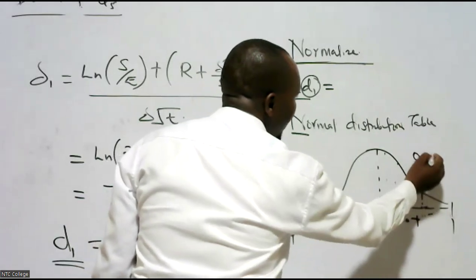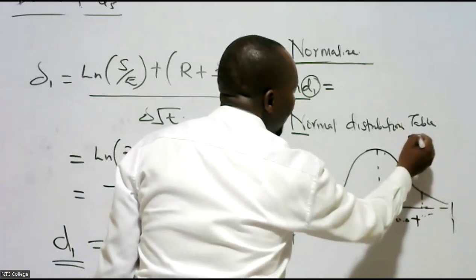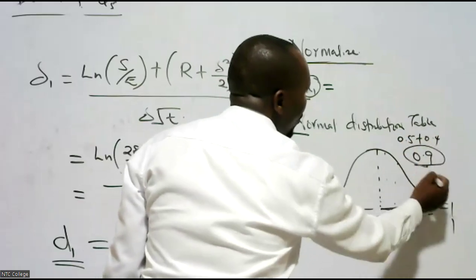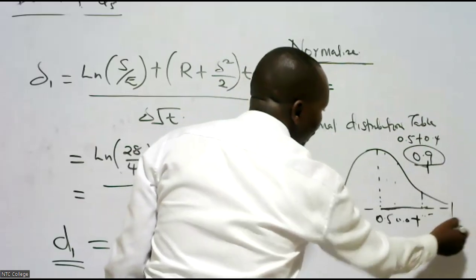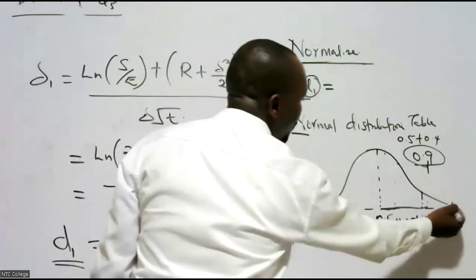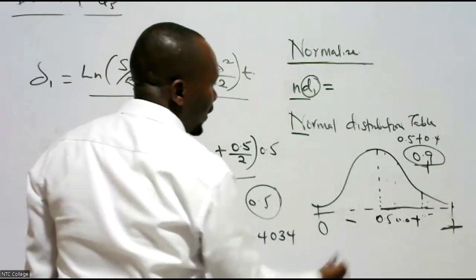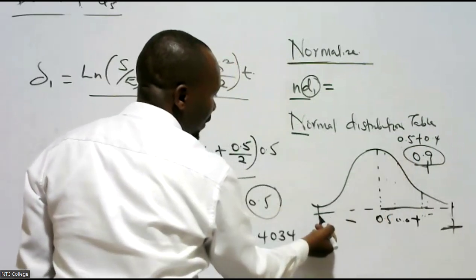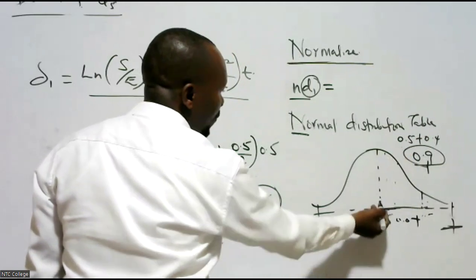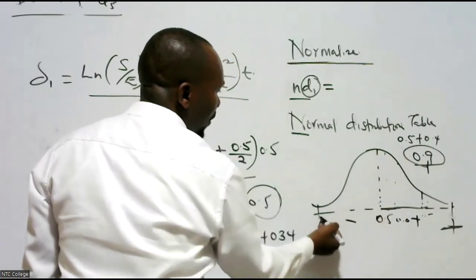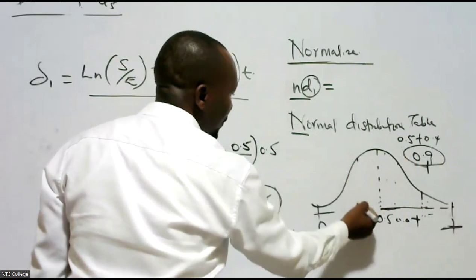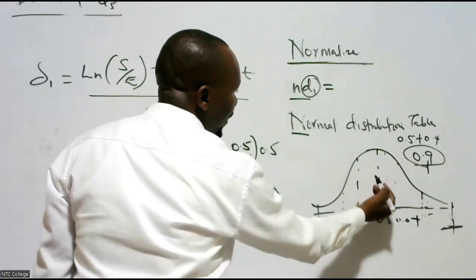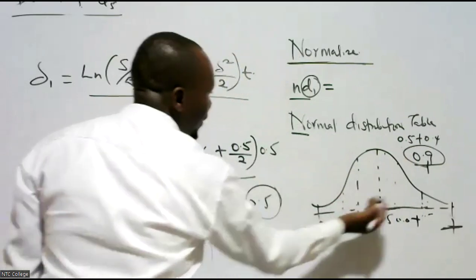So it is 0.9. 0.5 plus 0.4 is 0.9. You are adding towards full. Lakini kama umepata negative, it means that you are moving backwards, towards 0. That is why we consider this side to be negative, this side to be positive.